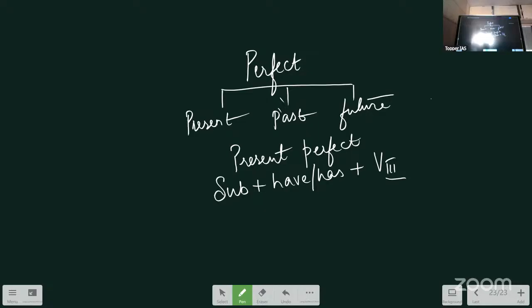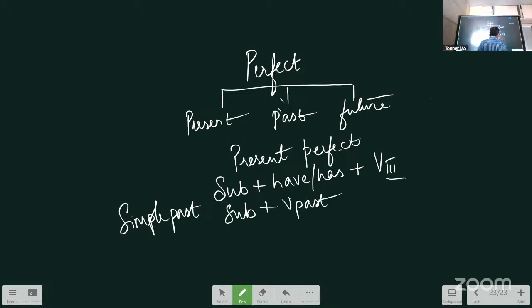So, what is the difference between present perfect and simple past? Because ಎರಡಕ್ಕೂ ಕೆಲವು ಸಲ ಕನ್ಫ್ಯೂಸ್ ಆಗುತ್ತೆ. Subject plus V past: you can use time.